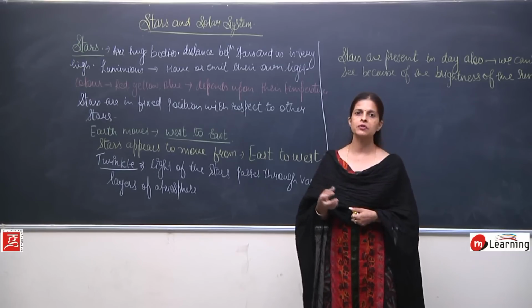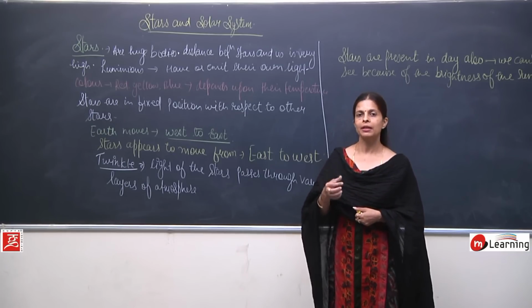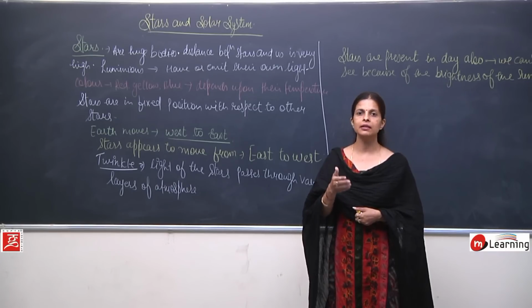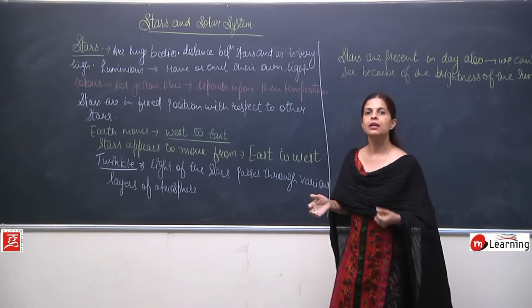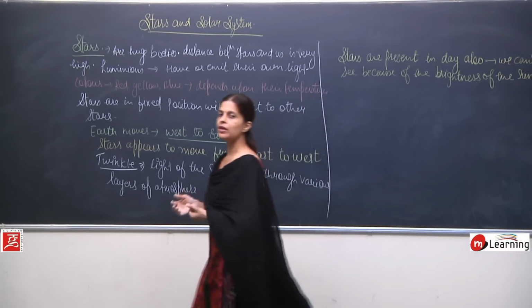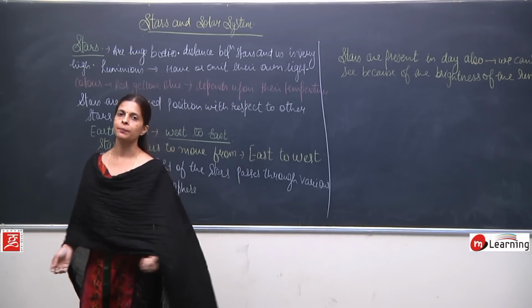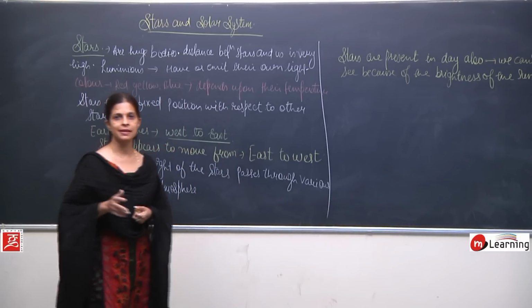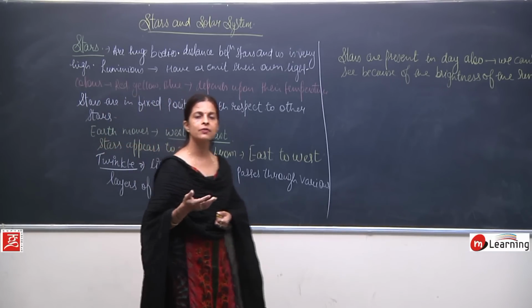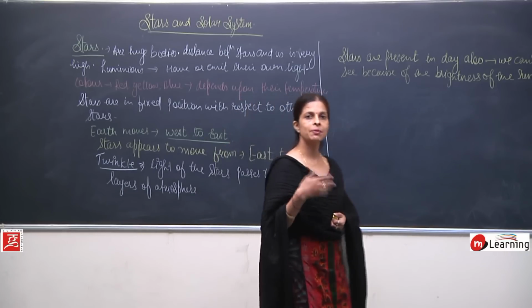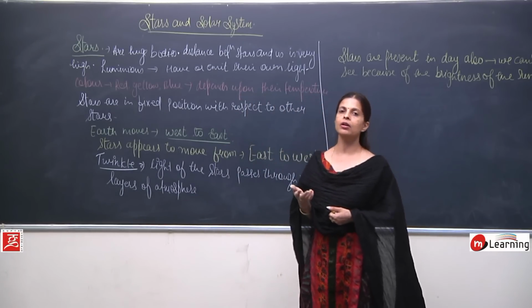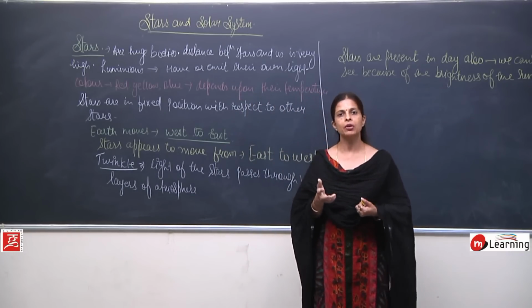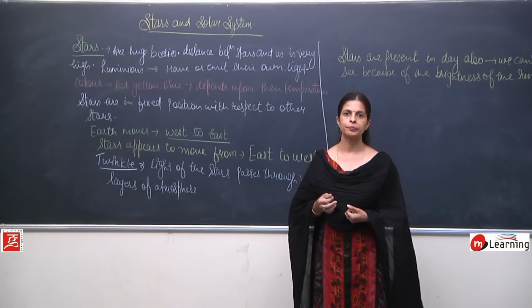The temperature there is very high, and the distance between the sun and the earth is less, and so we can see a huge effect of the sun's heat and light. The sun is a big star, but the other stars which may be much bigger than the sun, we cannot see them as big as the sun because the distance is more.